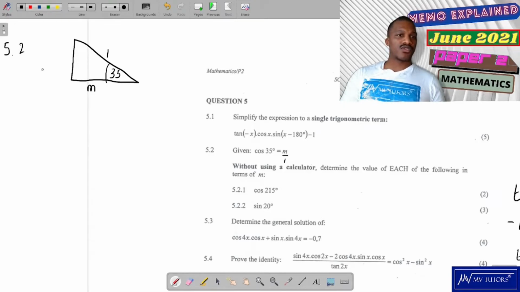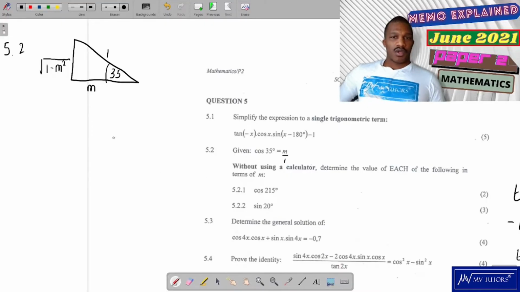Now this one is always going to be the square root of the hypotenuse squared, which is still going to be 1, minus one of the sides squared, which is m squared. Oh, this is under a square root like that. It's always going to be the case. Okay. Right. Now we can go to the questions.